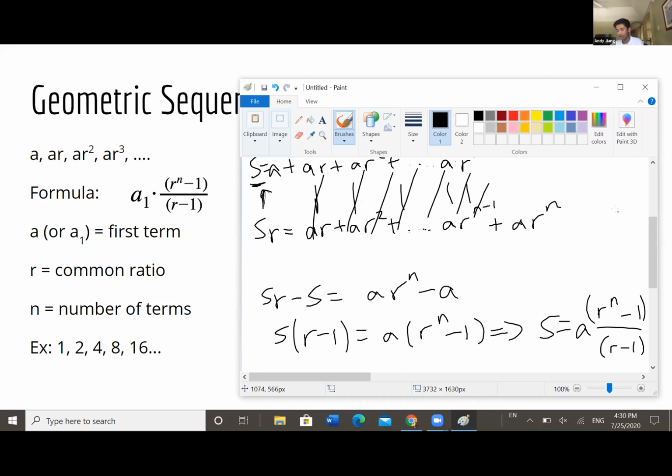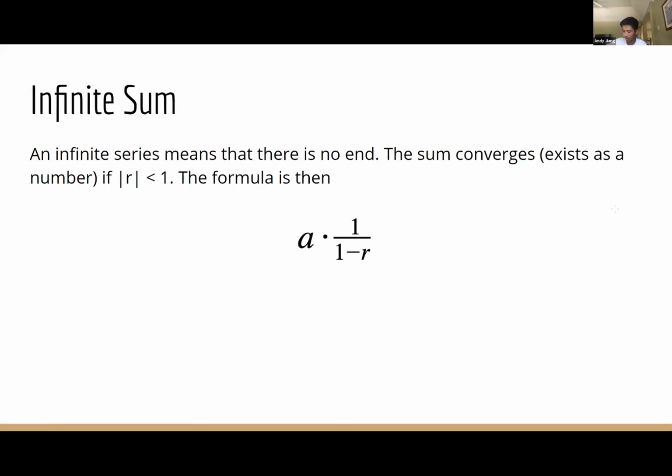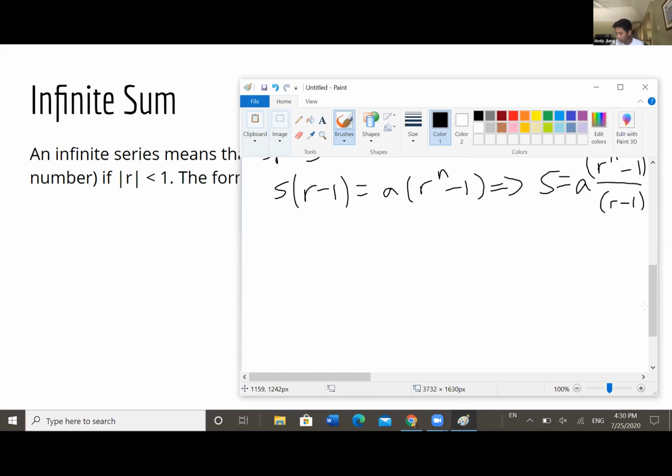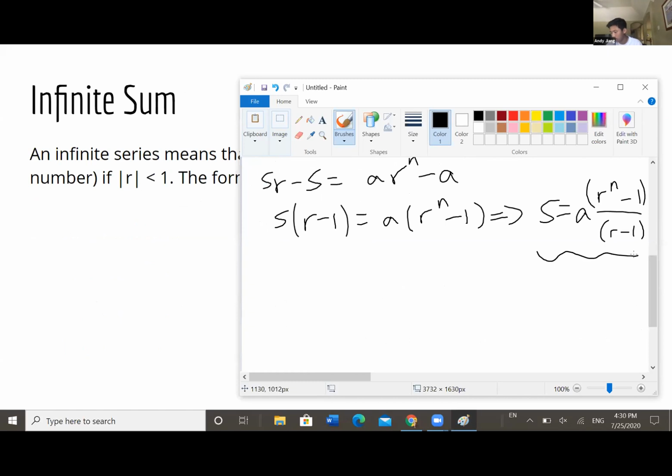Okay, so the other case I was talking about is the infinite series. To get an infinite sum, I'll still use the formula over here. Recall that my sum was a times r to the n minus 1 over r minus 1.